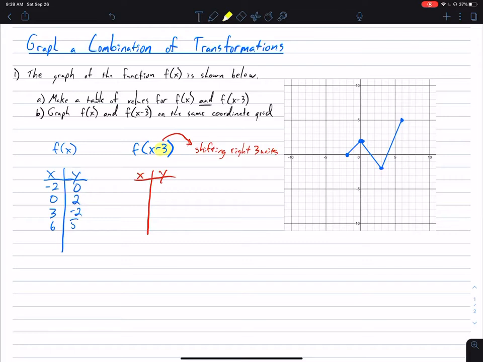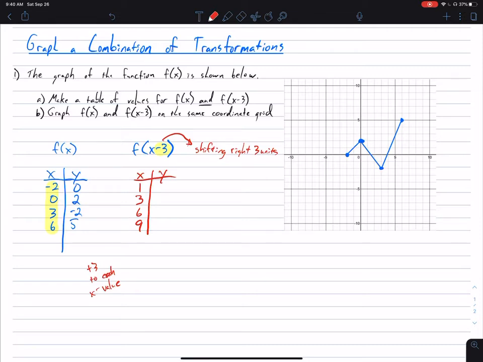So what I'm going to do is take my -2, 0, 3, and 6, and add 3 to each x value, again, because we're going to the right. So -2 plus 3 would be 1, 0 plus 3 is 3, 3 plus 3 is 6, and 6 plus 3 would be 9.